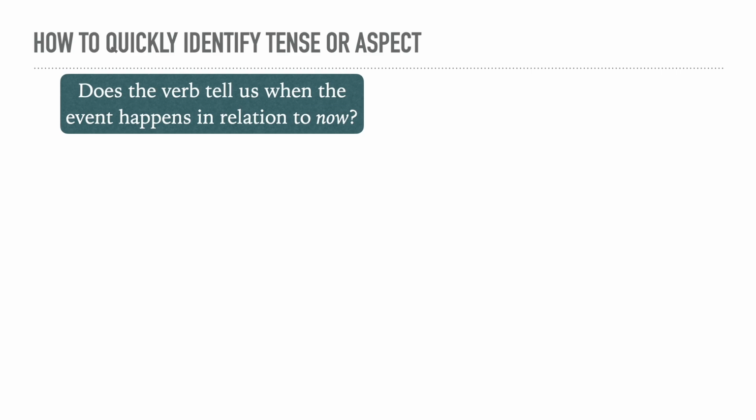So back to the question, does the verb tell us when the event happens in relation to now? If the verb doesn't tell us, for example, walking doesn't tell us when this thing happened, so we can tell that there is no tense on walking.